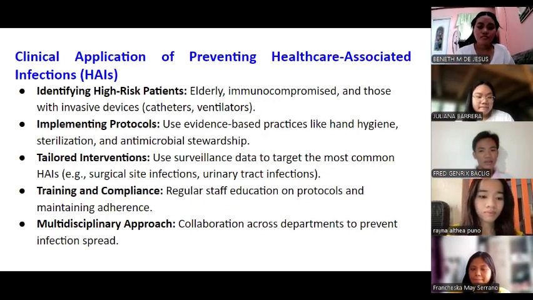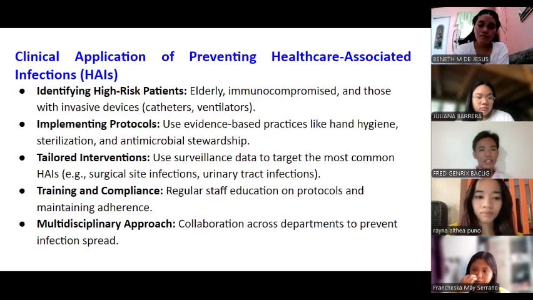Identifying the high-risk patient early allows the healthcare professionals to implement additional protective measures such as frequent monitoring, the use of sterile technique, and the early removal of devices when no longer necessary, which are ways of preventing the spread of healthcare-associated infection.